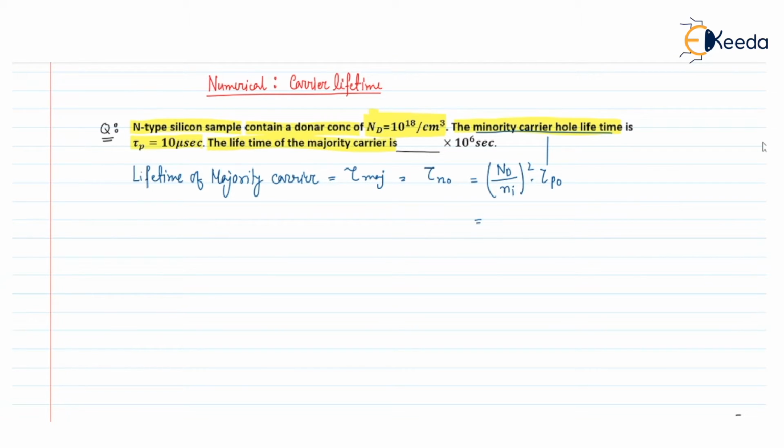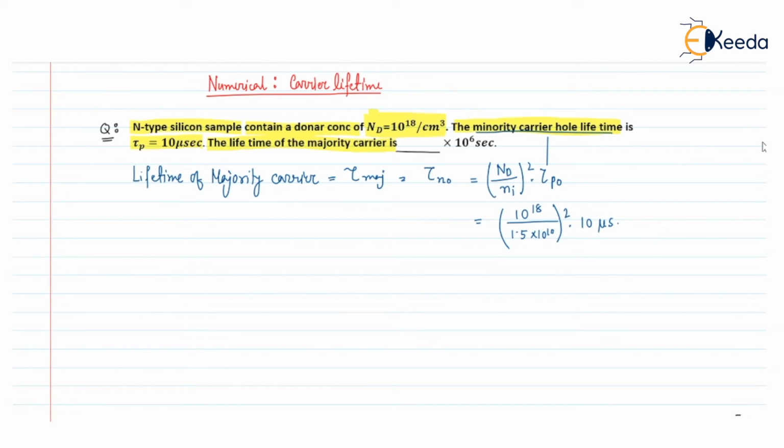Now the doping concentration is given as 10 to the power 18 divided by Ni, and the Ni value for silicon we know is 1.5 into 10 to the power 10. So it will be the whole square, and tau p0 is provided as 10 microsecond.